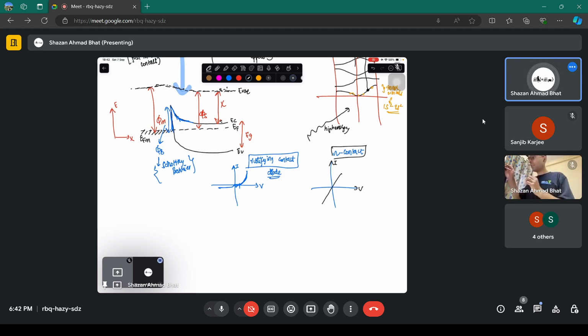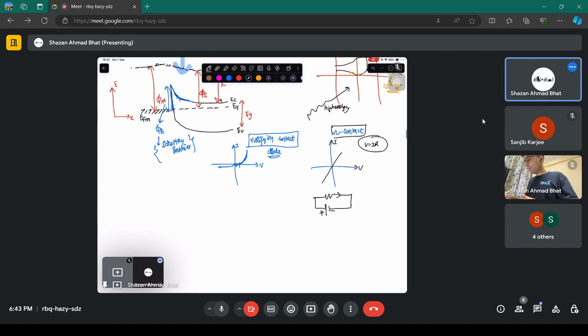It conducts in the forward region, and it conducts in the backward region. It's just like a resistor. If you apply voltage one way, it will conduct. If you apply voltage the other way, it will still conduct. It doesn't differentiate.